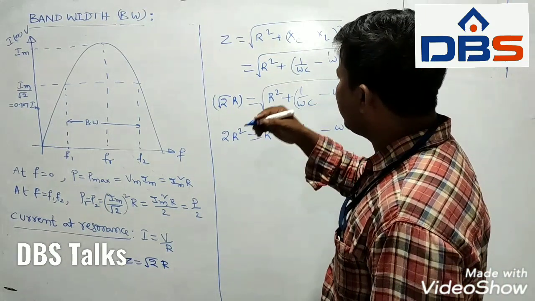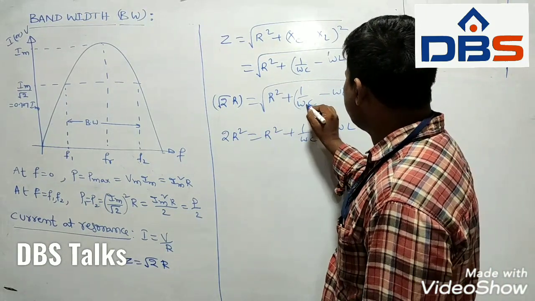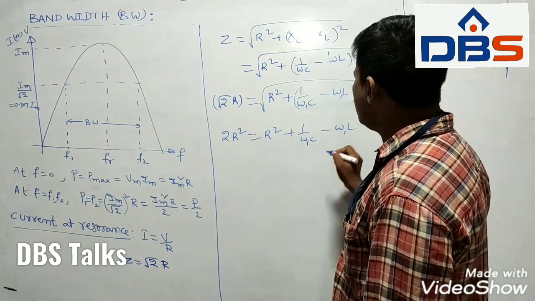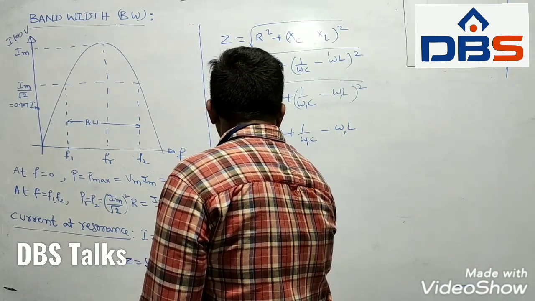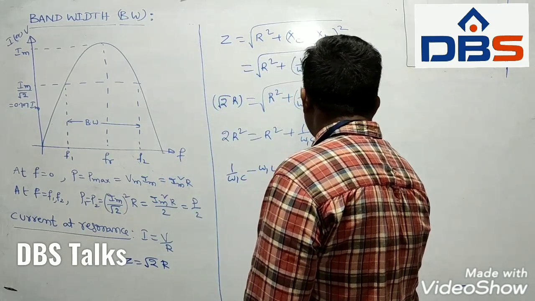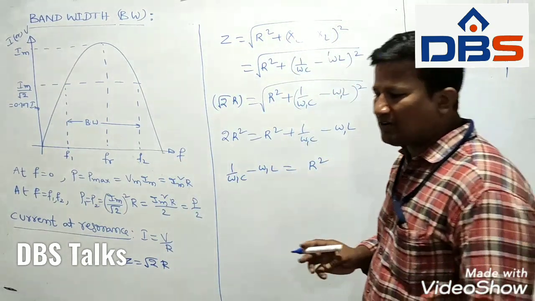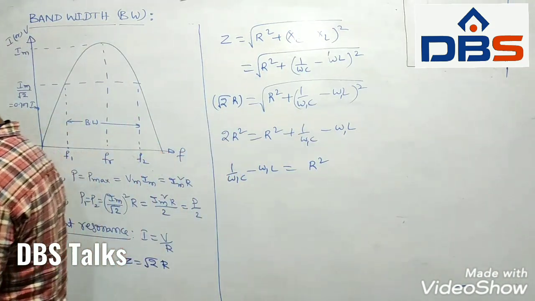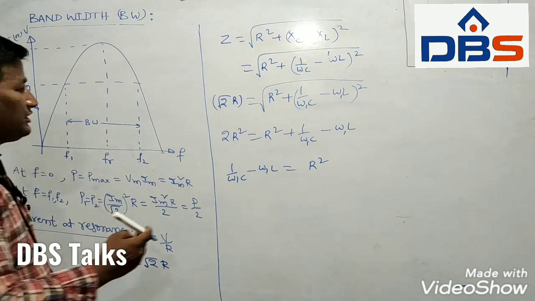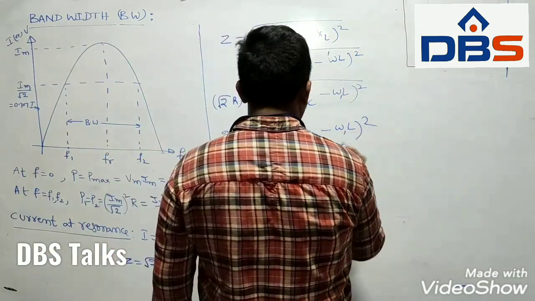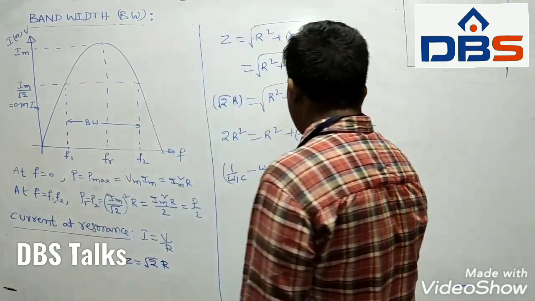Suppose we call one frequency omega 1. Now (1 by omega 1C minus omega 1L) square is equal to R square. Now we apply the square root on both sides.